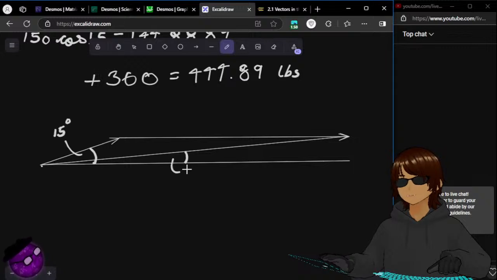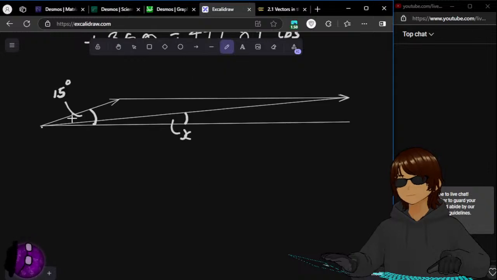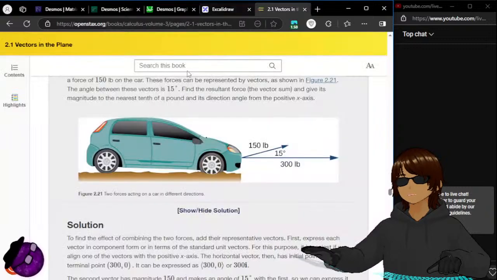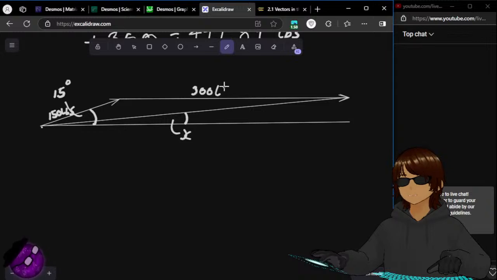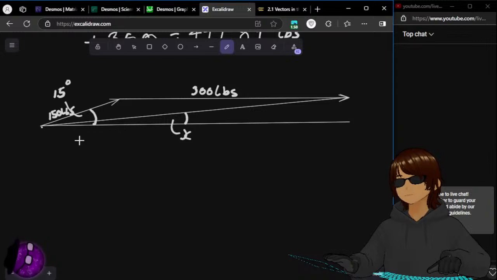This angle is x. Then the vector is 150 pounds, 300 pounds. Now what?